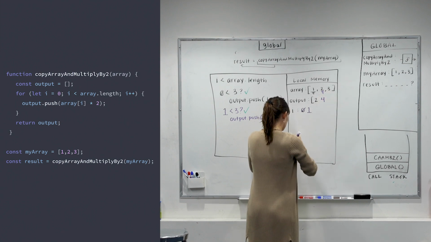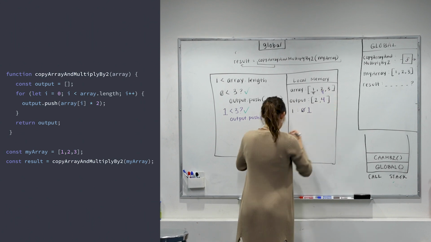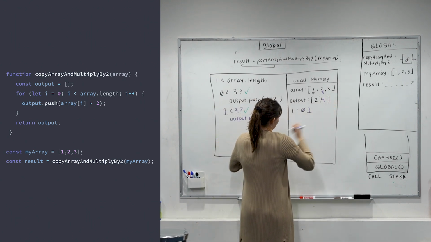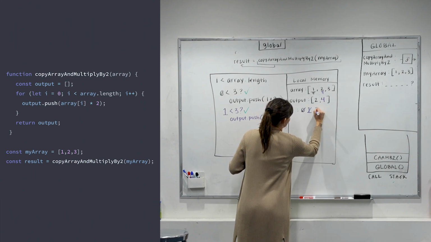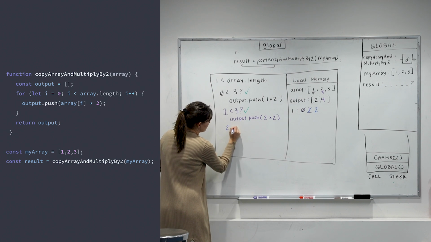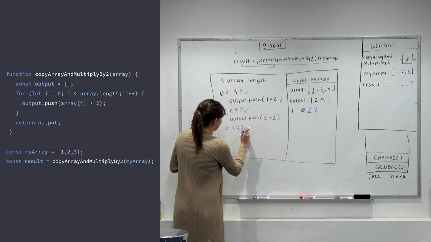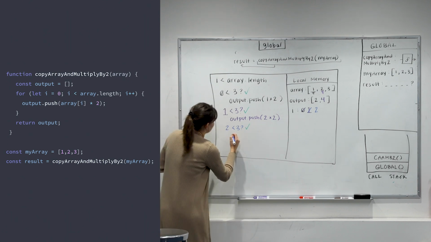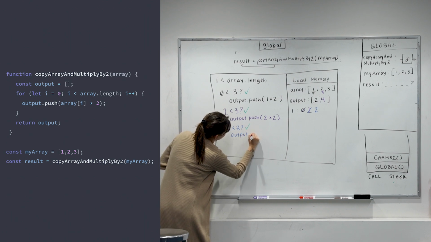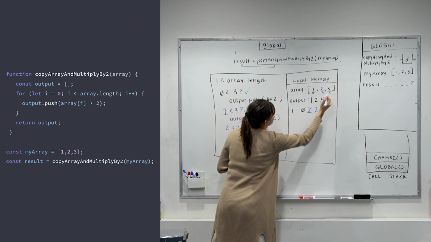Super. Okay. Then what do we do? Then we'll increment I again. So I will now equal 2. And 2 is less than 3, our breaking condition. So we'll enter the code block and array at index 2 equals 3. And we'll multiply that by 2.